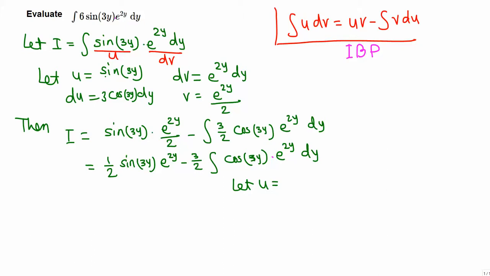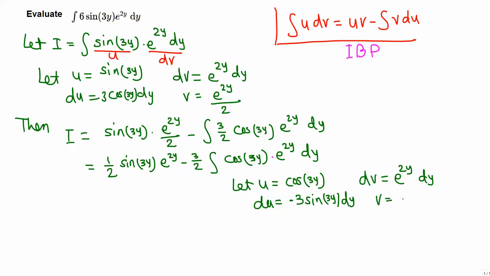Earlier we chose the trig function as u, so we keep u equals cosine 3y, and dv be the remaining e raised to 2y dy. Let's find the derivative. Cosine gives negative sine 3y times 3, so minus 3 du over dy. I'm going to write dy over here. Integrate: v equals e raised to 2y over 2.